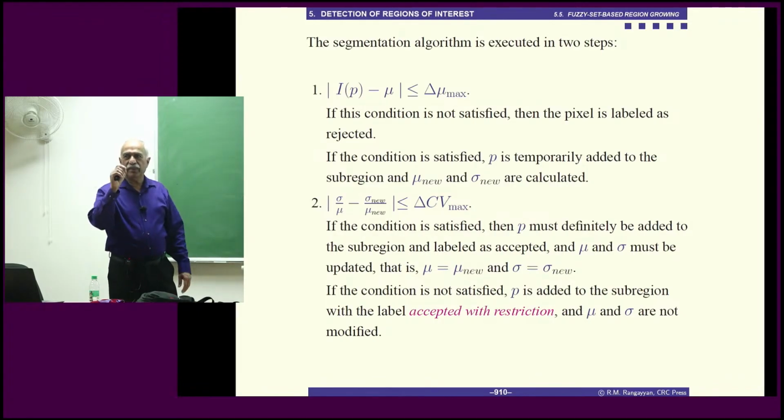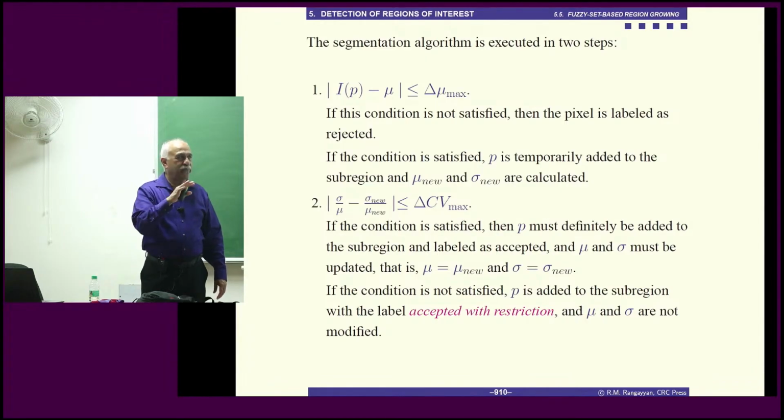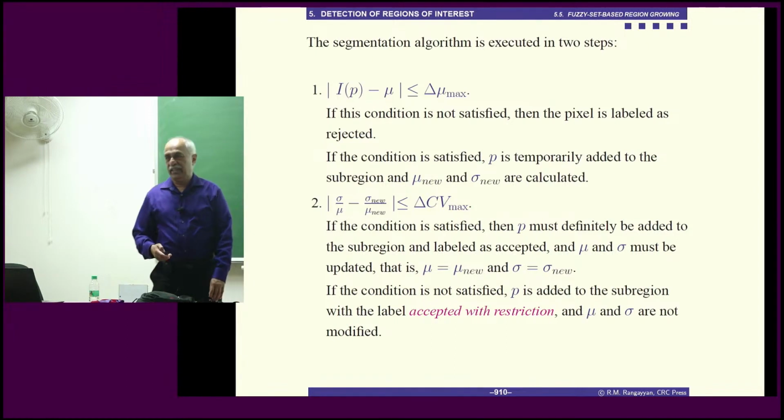So small deviations will be allowed, pixel values will change. So you keep them if they meet that condition. If they meet this condition, you allow that pixel to change the statistics of the region. Otherwise, you still keep the pixel in the region, but you don't change its statistics.